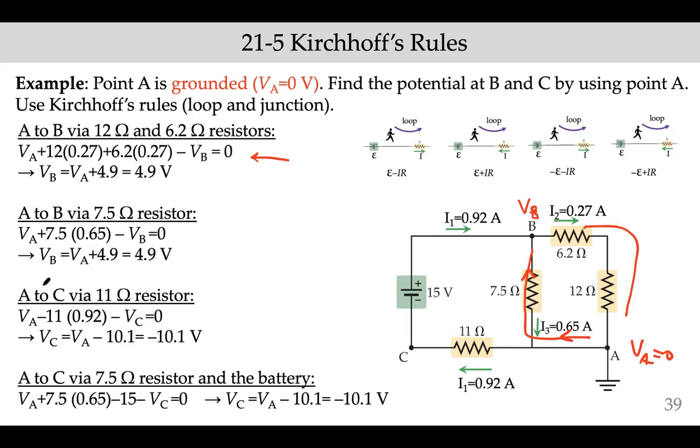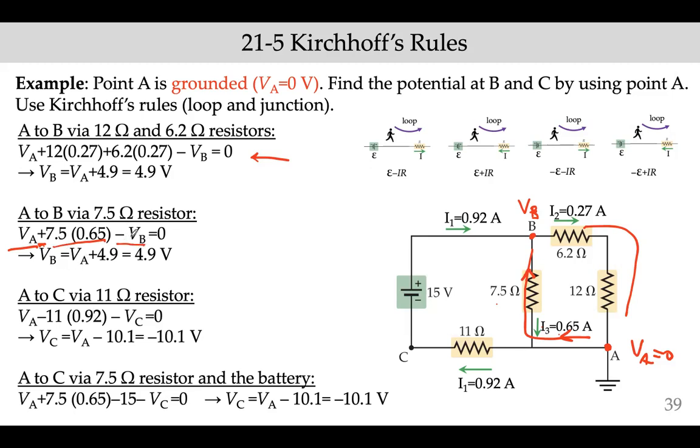Again, you write the initial position's potential as positive, VA. You go this way, so you run into this resistor. The path direction and the current direction are opposite, so you get a positive sign. 7.5 times 0.65 is the voltage on that resistor. Then you come to point B, and you write the final point's potential with a negative sign.